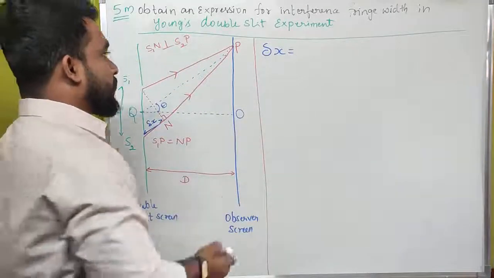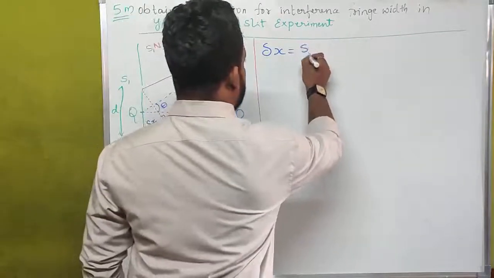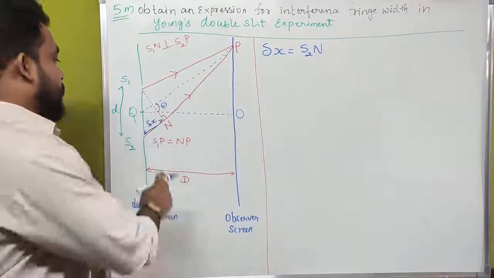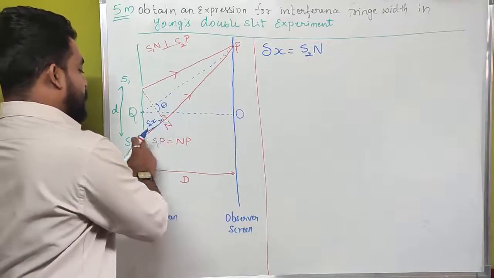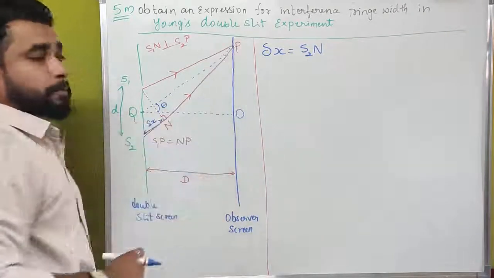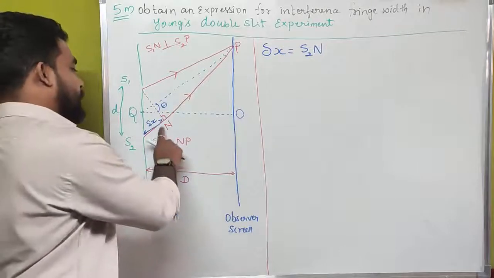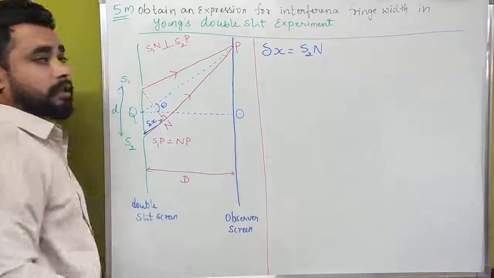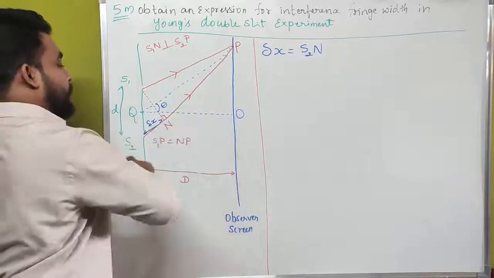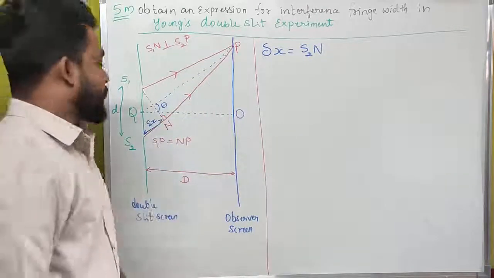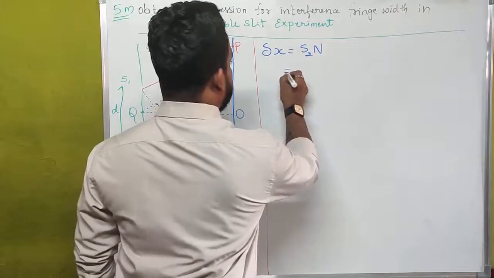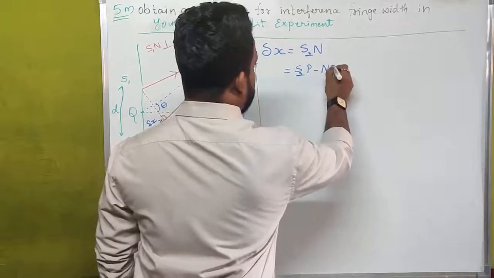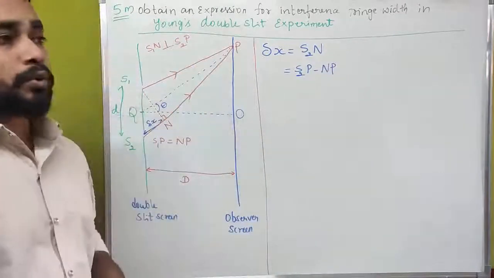What is that path difference? That is S2N. What is S2N? Here S2N is nothing but S2P minus NP. If we subtract NP from S2P, what we get is S2N.